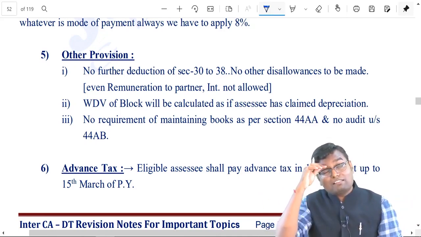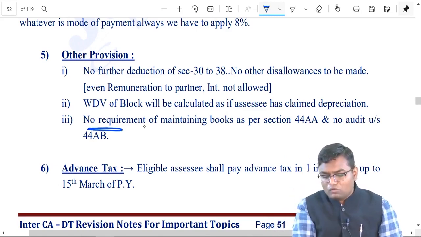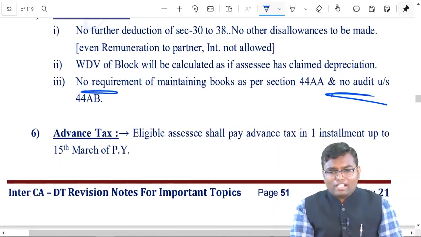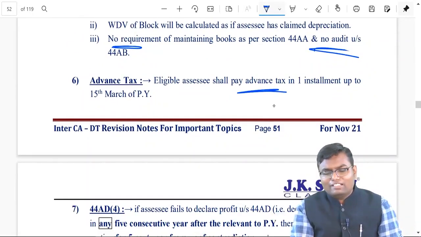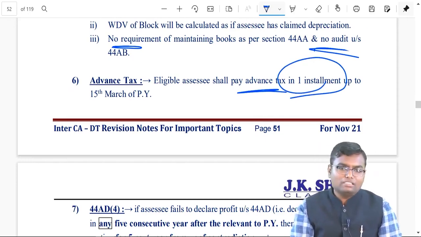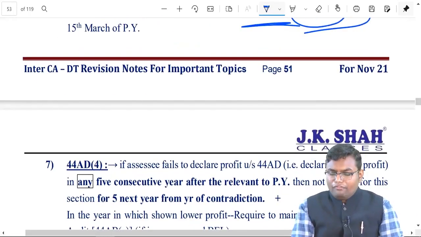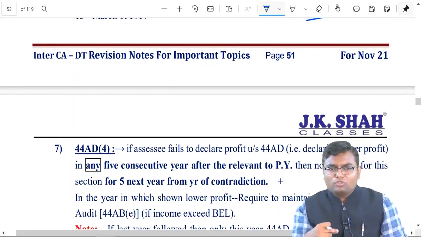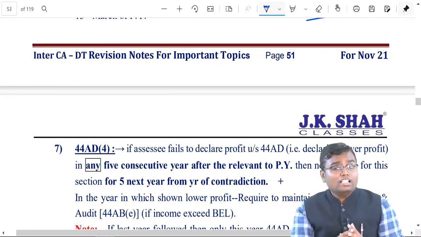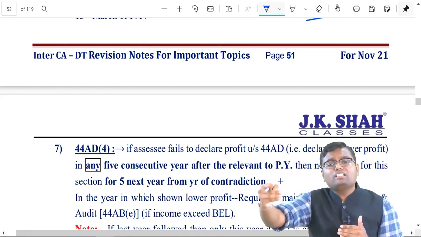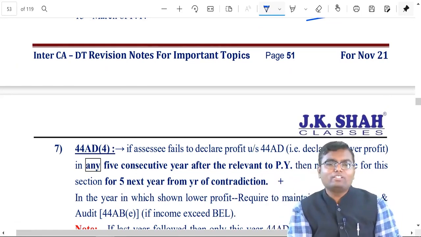If you are following presumptive taxation, there is no need to maintain books of account, no need to carry out any audit. If you are following 44AD, then advance tax need not be paid in 4 installments. You have to pay only in 1 installment up to 15th March. There is a concession. However, if you started following 44AD, then in the year in which you followed it, after that up to 5 years you compulsorily have to follow 44AD.